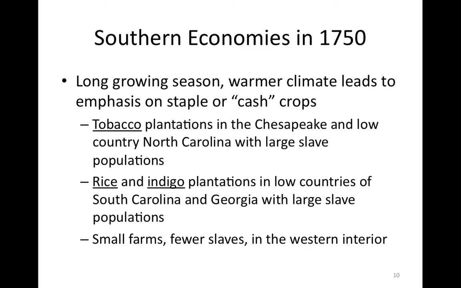A cash crop is something like tobacco that is not consumed, not eaten, but is hugely profitable. And for a long period of time, it was in the Chesapeake, and then later on in pieces of North Carolina. And so there are large slave populations in those areas.